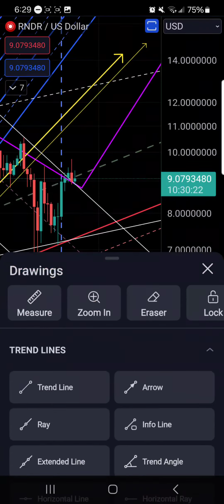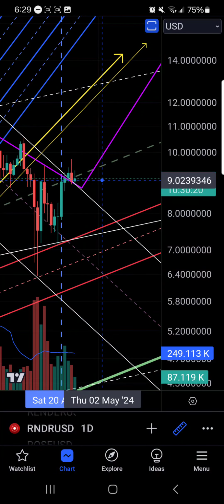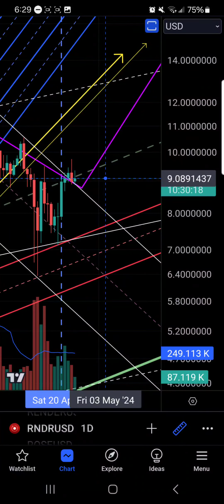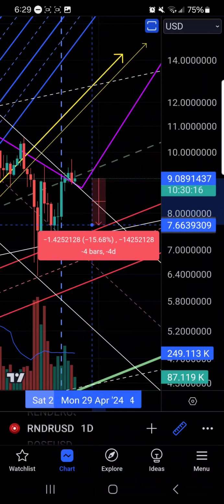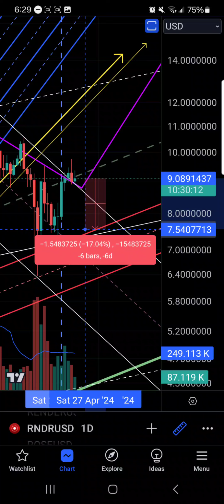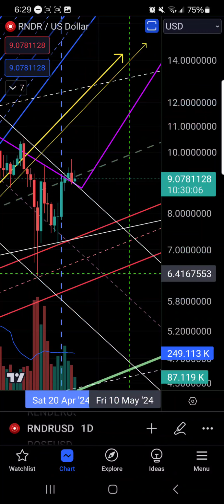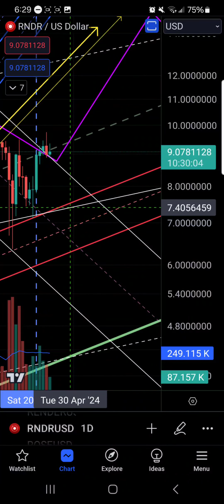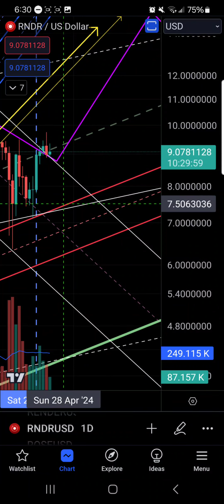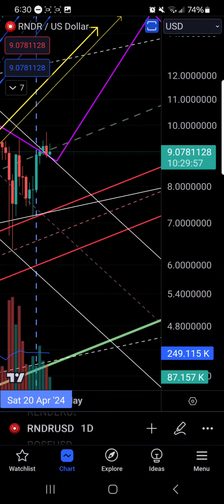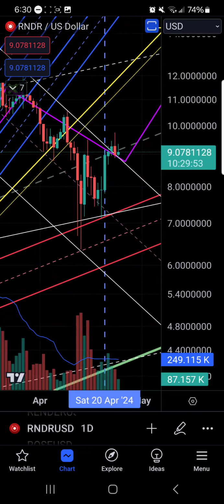A 12% move or so for Render takes us back to the top of this red channel. That'd be about a 15% move over the weekend to the top of this channel, back down to 750. Hate to see that. It's possible.